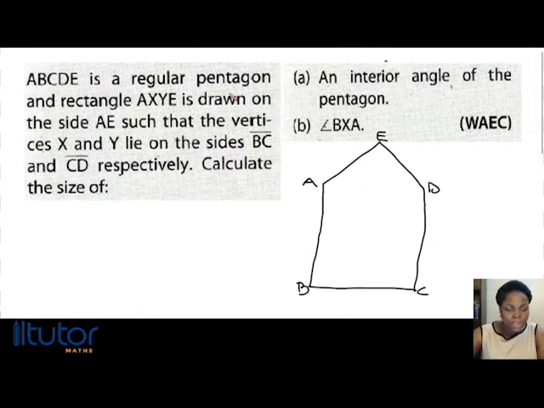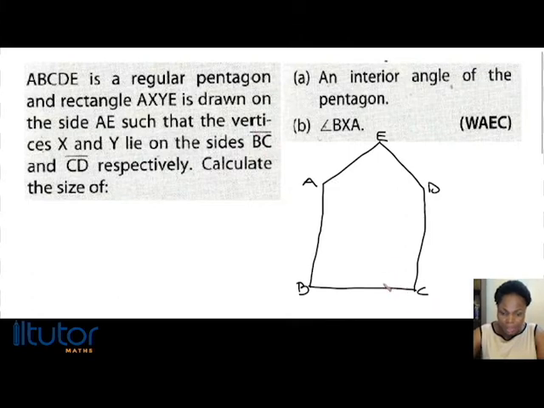ABCDE is a regular pentagon and rectangle AXYE is drawn on the side AE. Now look at AE, the rectangle AXYE. So we have the vertices A and E, remaining the vertices X and Y. The rectangle is drawn on the side AE such that the remaining two vertices of the rectangle, X and Y, lie on the sides.